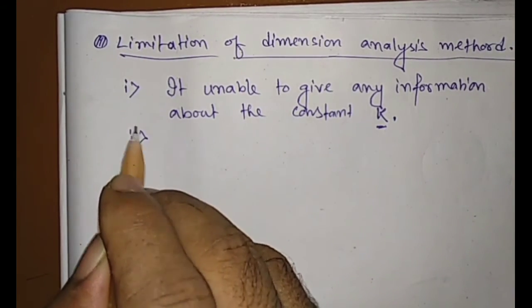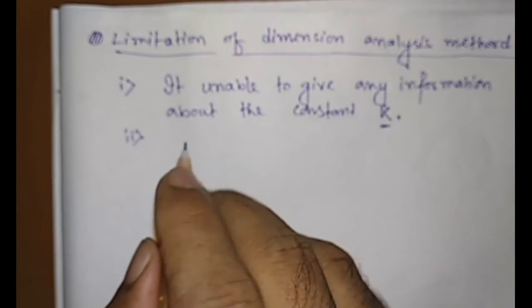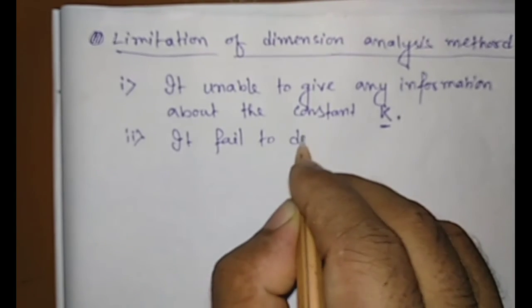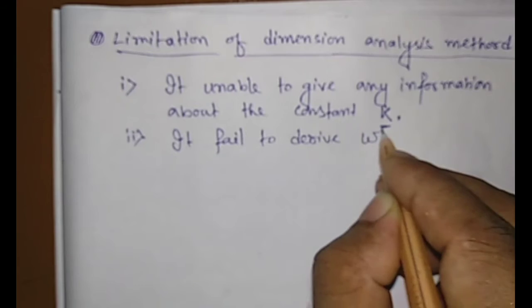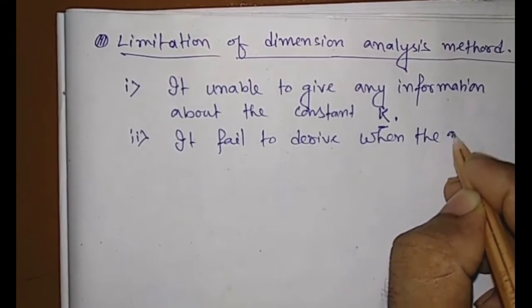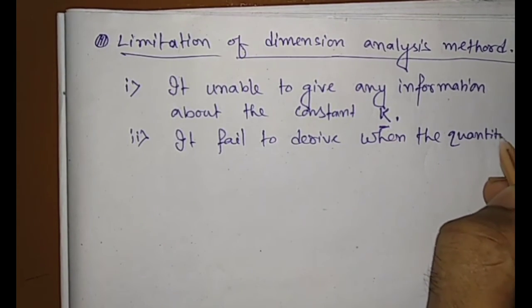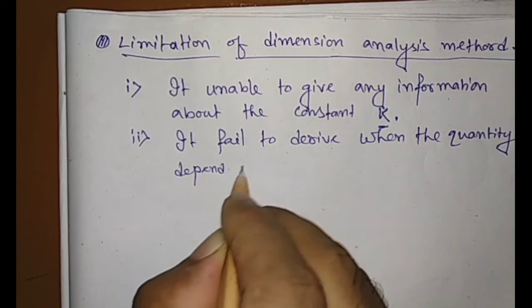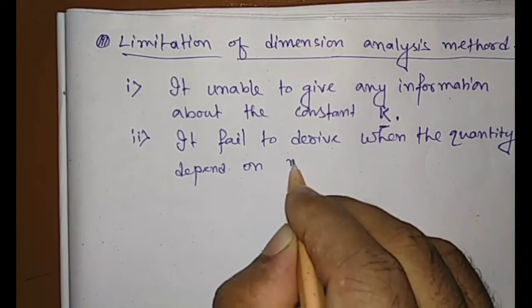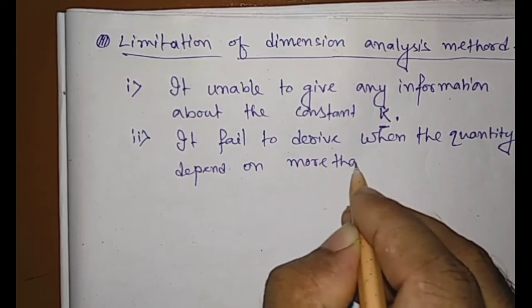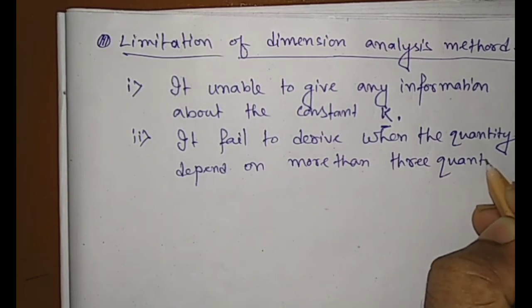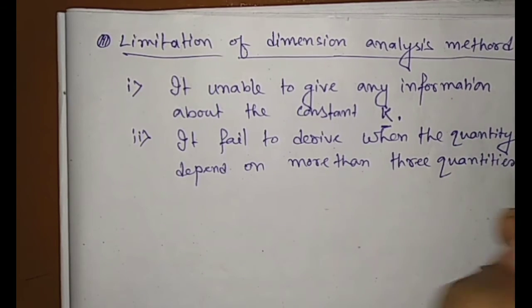Number 2, it fails to derive when the quantity depends on more than 3 quantities. Okay.